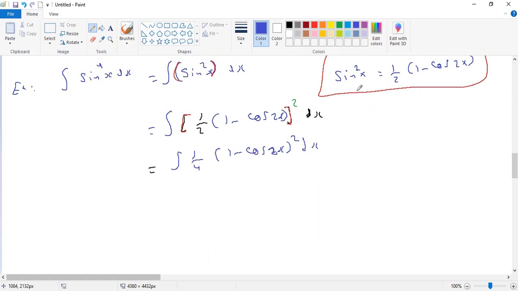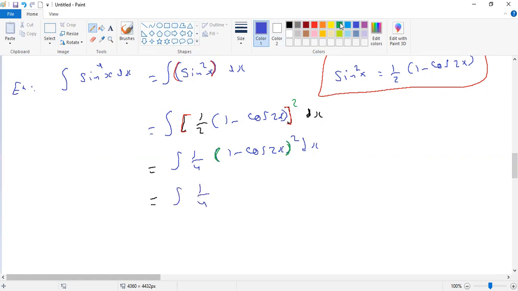What about the integral of this one? See, the integral of 1 minus cosine 2x, this one, to the power 2. Let's open the parenthesis, this one, power 2. Now the integral is equal to the integral of 1 over 4.